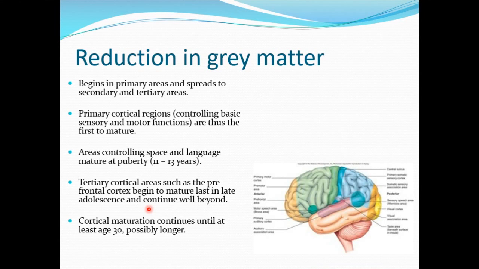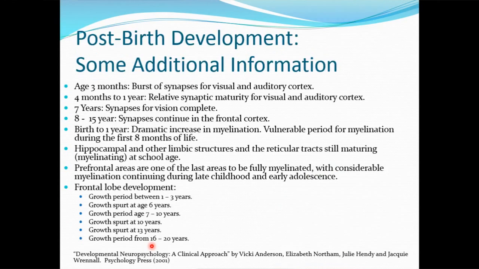So it's only in late adolescence that your frontal cortex really becomes optimally functional. And cortical maturation continues until at least the age of 30, but possibly longer. Okay. So those of us who are older than 30, which I think is all of us, can say, well, we've got very mature brains that have done everything they needed to do.